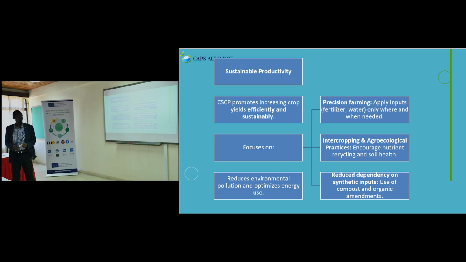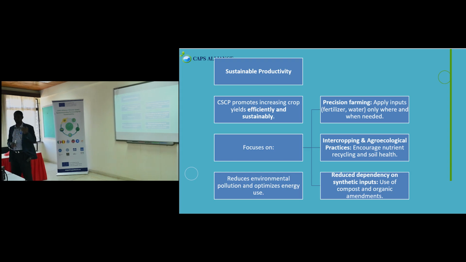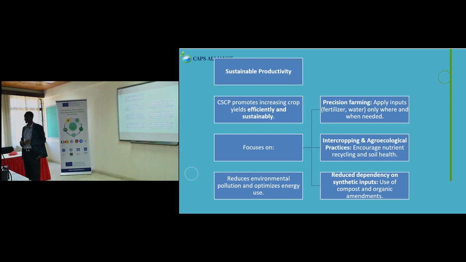All these are critical, because if we have better production and efficiency, the livelihood will actually increase. We protect the environment by not using harmful fertilizers, but instead use compost manure and organic manure.